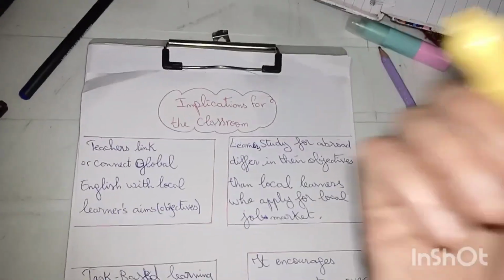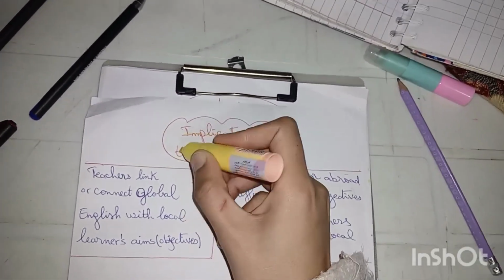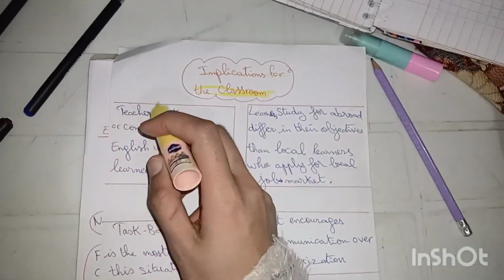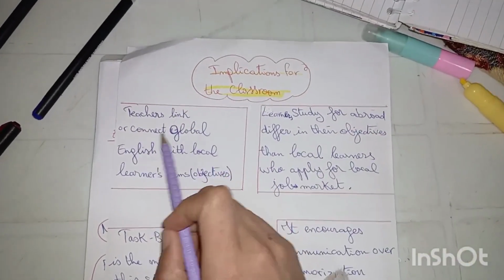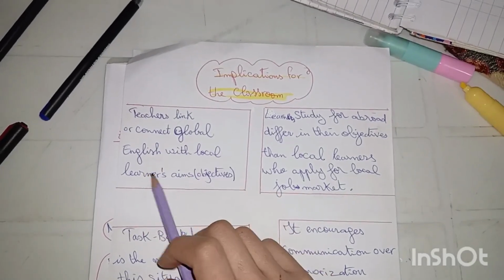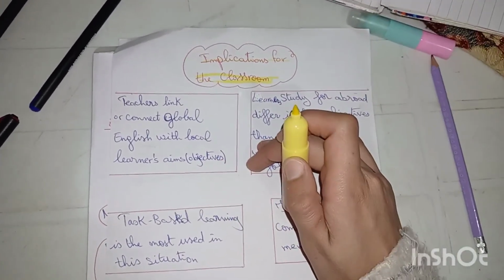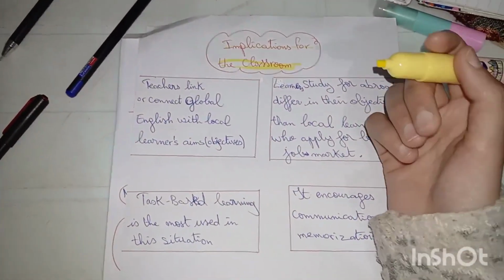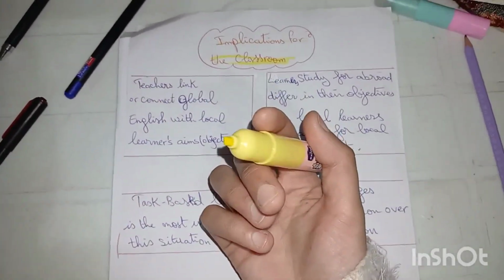So as a result of that, we have another one, which is the implications for the classroom. What do we implicate in our classrooms as teachers, for example, or as learners? We will see: teachers link or connect global English with the local learner's aim. For example, you are a local learner, you are Algerian, and you are trying to learn the English, and you are a local already.